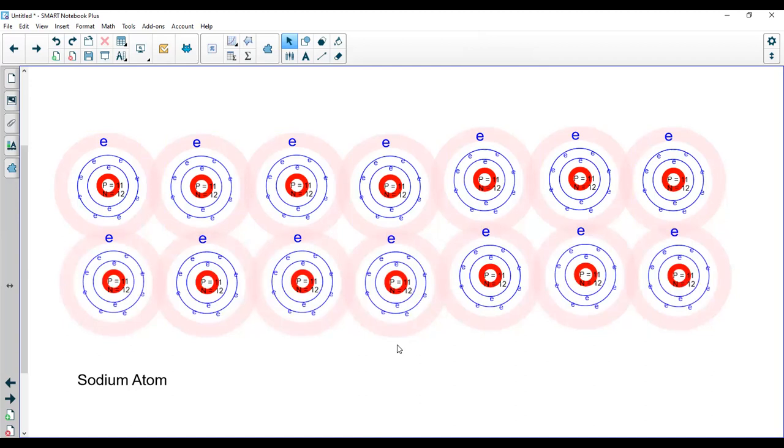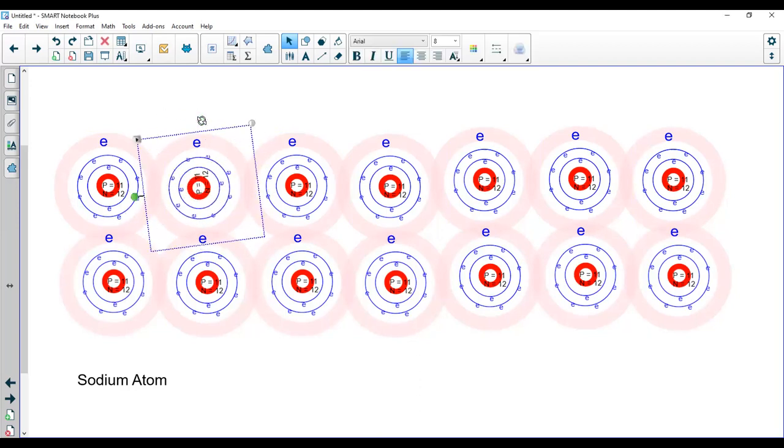How many protons are there in every single atom? That many electrons are there in every single atom. Is that right? And all the electrons are moving in the orbit, the 10 inner electrons and this outer electron as well. But those 10 inner electrons are bound. How are they bound? They are bound to that nucleus. Got it?